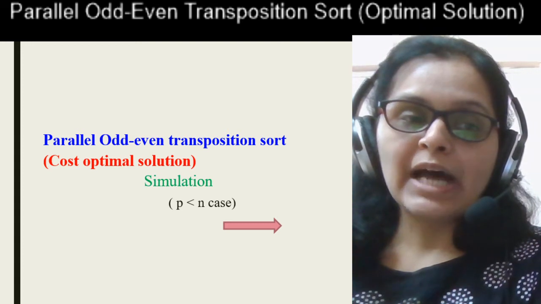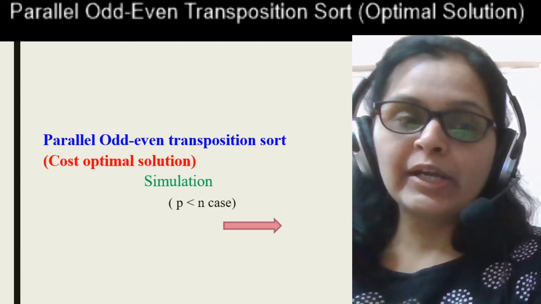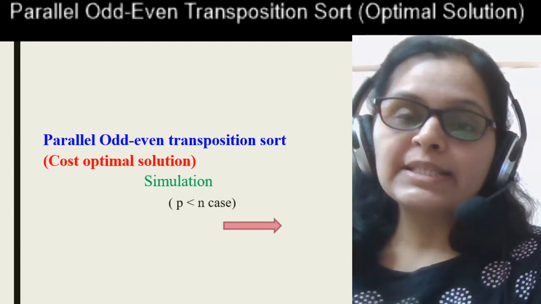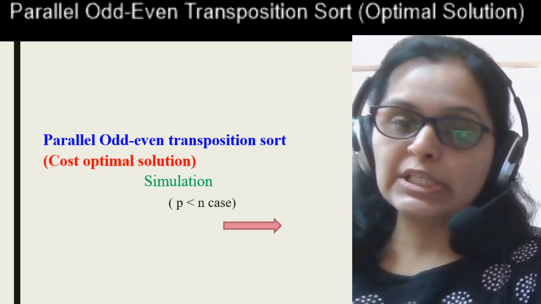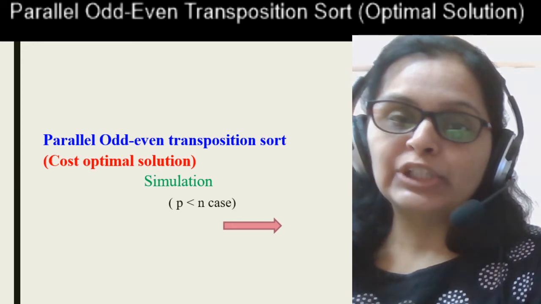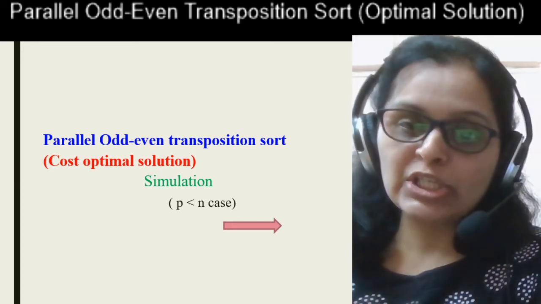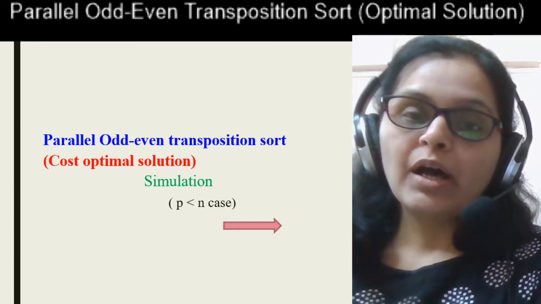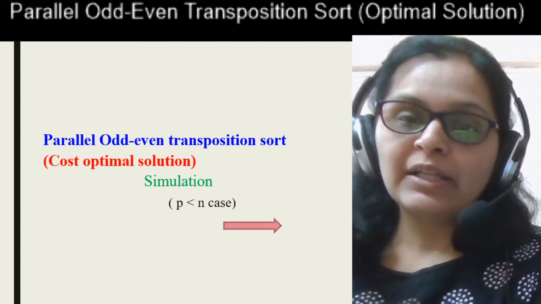So let us start. I am assuming here you know the serial odd even transposition sort, and you also know the parallel formulation of odd even transposition sort with P is equal to N case.